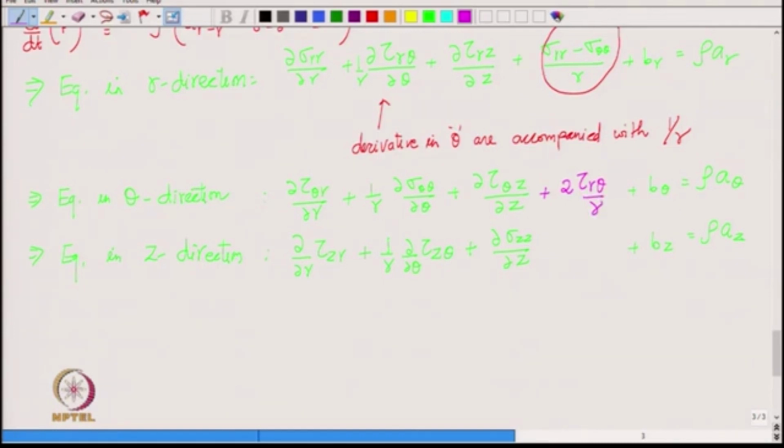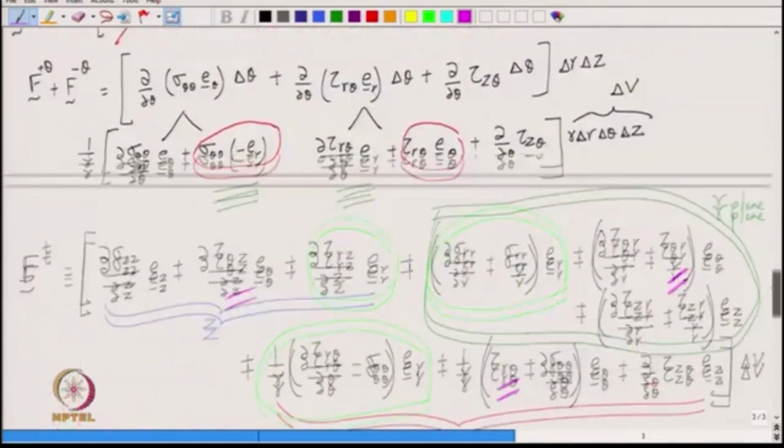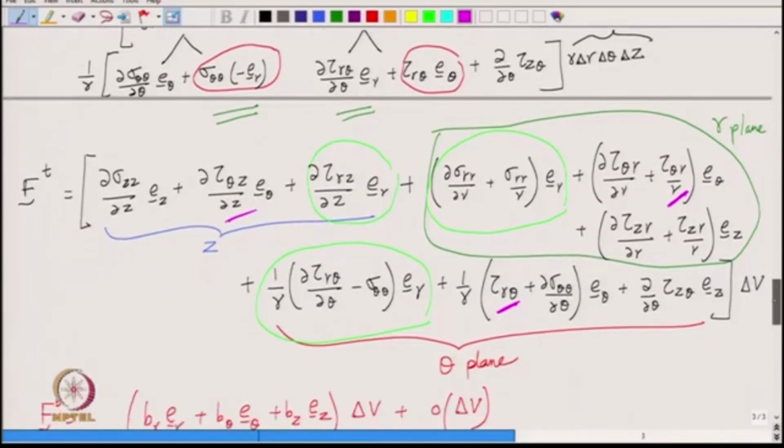All right. Let us look for the extra term for the z direction. So, for the z direction here, the first term here is usual, then look here, this is the extra term tau z r by r. So, that is something we have not taken into account.